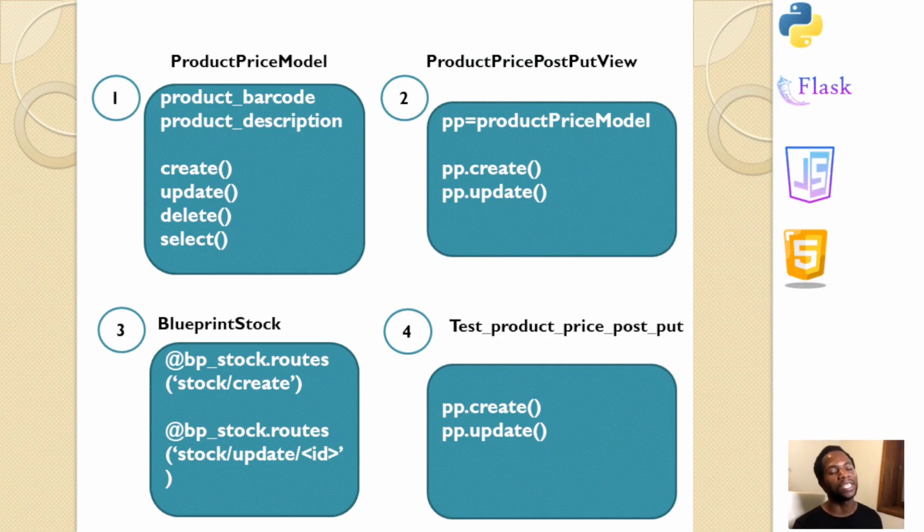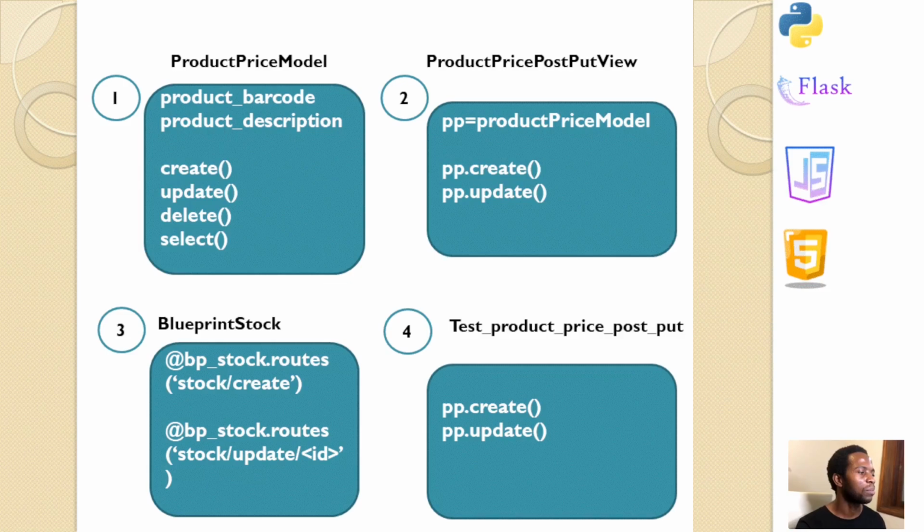Basically, this project is a big project, okay? Inside of it we have different layers, and here we are going to talk about the product price package, where first of all we are going to create the product price model, and then the product price post-put view.